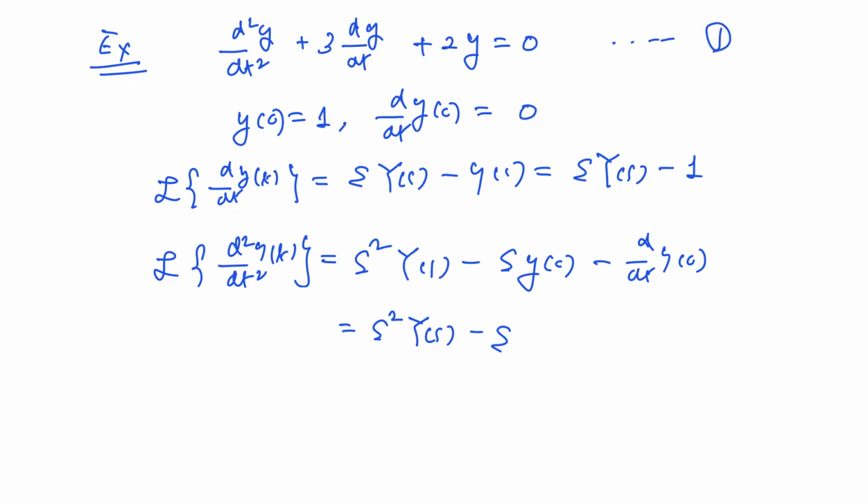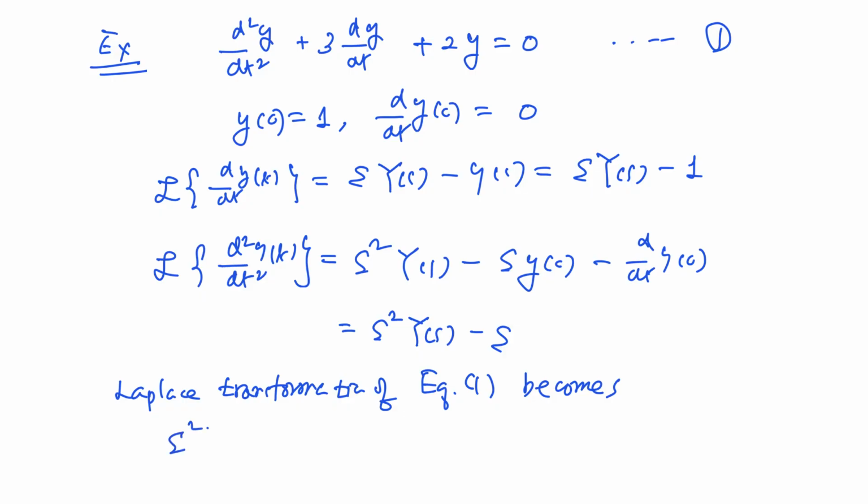So the Laplace transformation of equation 1 becomes s squared y of s minus s plus 3 times (s y of s minus 1), right?